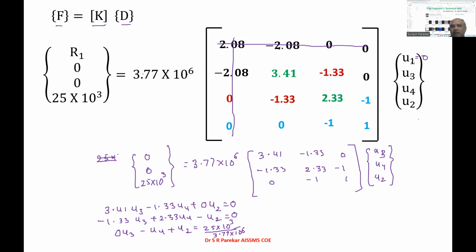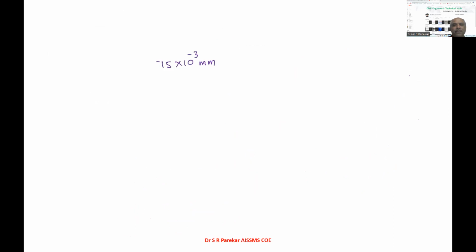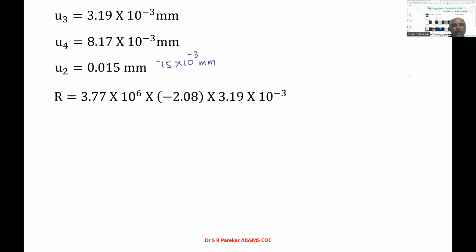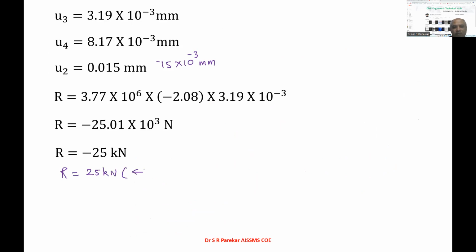So we have only one term, 3.77 into 10 raised to 6 into minus 2.02 into 3.19 into 10 raised to minus 3. And this will give us minus 25.01 into 10 raised to 3 Newton as a reaction. So minus 25 kilonewton, as this is minus, this reaction is 25 kilonewton towards left.